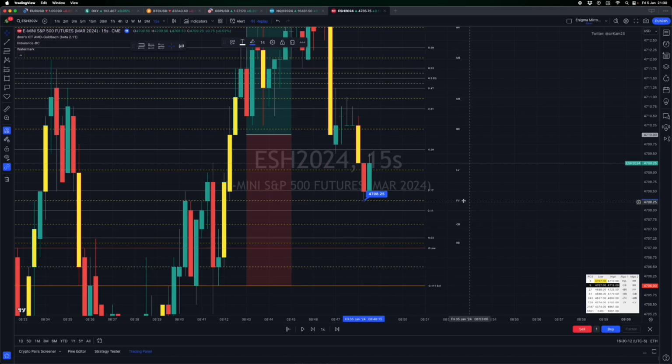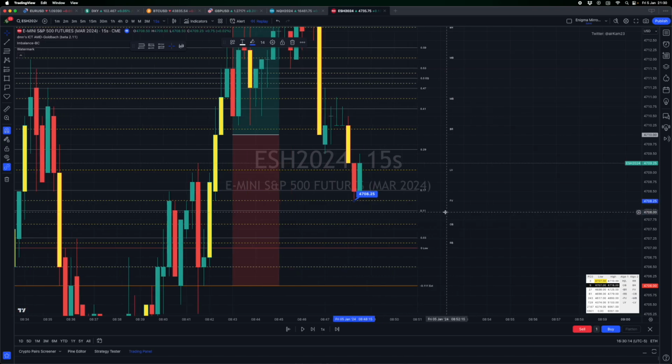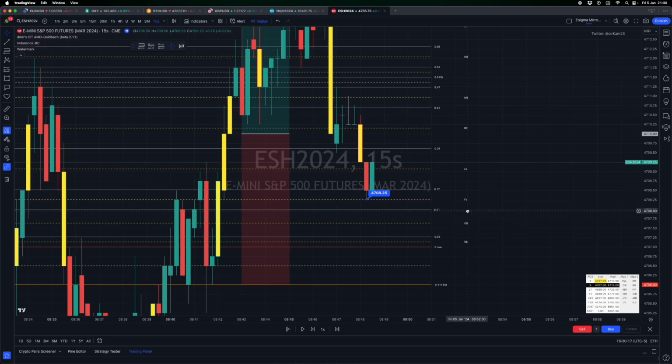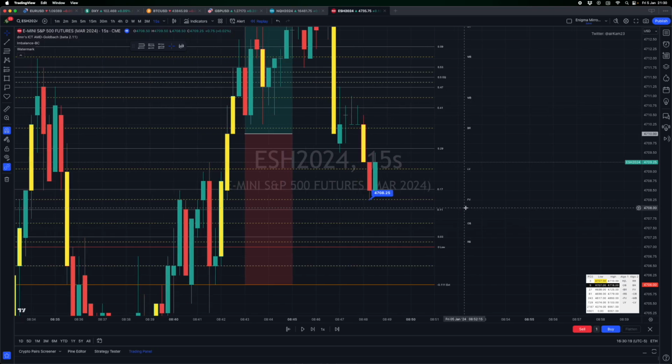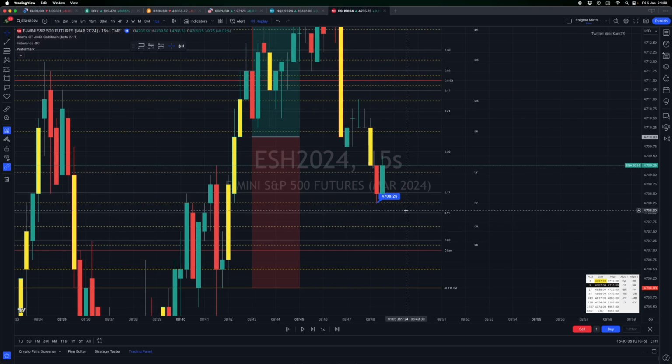You see, it's exactly consequent encroachment. That's not the important thing. The important thing is the next step. We are looking for a stop run of liquidity into a GB level exactly. And then we are looking for bullish price action to allow us to get into a trade. So we're looking for a stop run into a GB level and then an entry model that shows confirmation of bullish behavior to get into the trade.